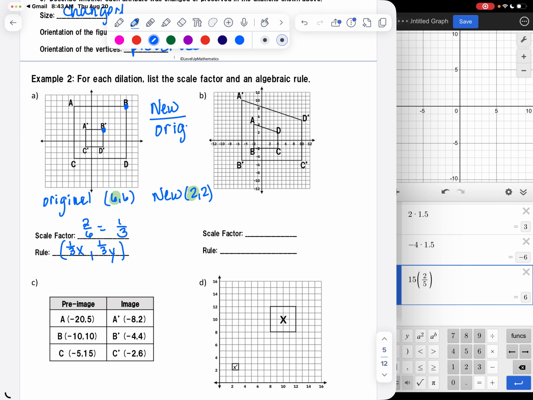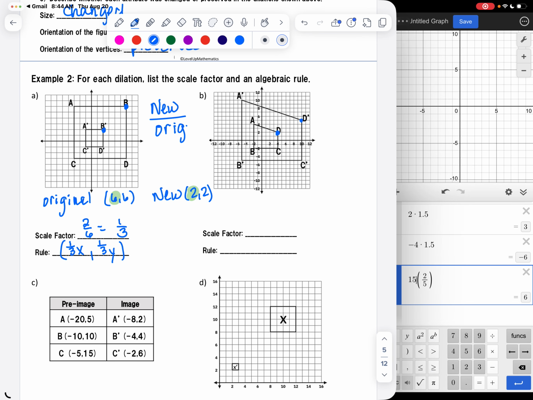All right. Now we're going to do the same thing in problem B. We have A, B, C, D. The small quadrilateral was my original. And then A prime, B prime, C prime, D prime. That's my new shape. So to calculate the coordinates, I'm going to focus in on any point. However, in this one, I'm going to pick D because it's in the first quadrant.